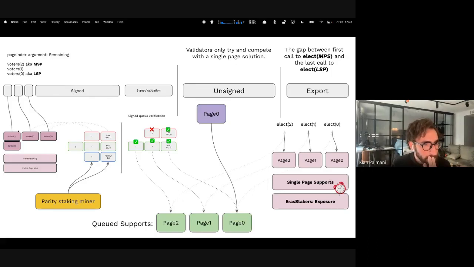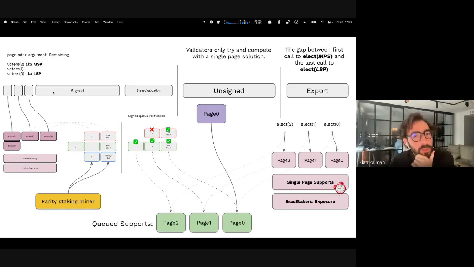And in the first call to voters, or at some point, we also pass on the only page of targets that we have. So in the span of multiple blocks, we create this snapshot, and it all depends on how many pages of voters we have. This process is powered by pallet staking and pallet election provider working hand in hand.